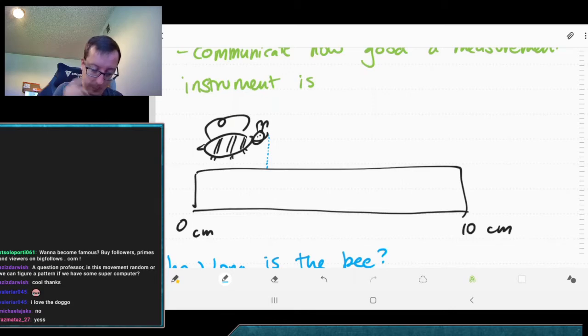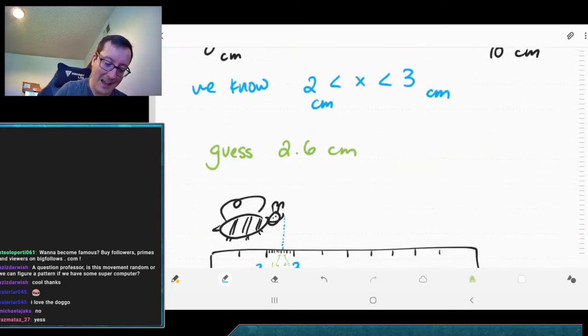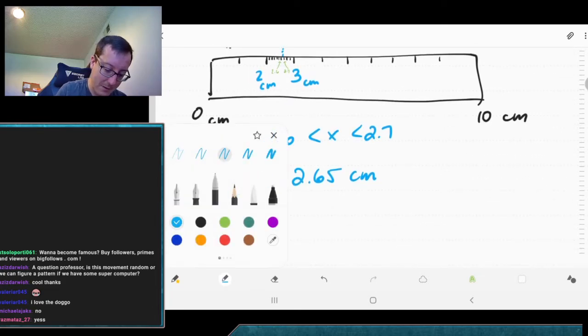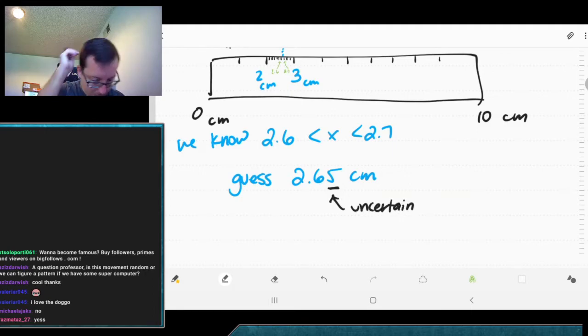So what's important that we understand is that the last digit, the last number, is uncertain. We guessed. We said, okay, it looks like it's in the middle. It seems reasonable to guess that that last number is a 5.